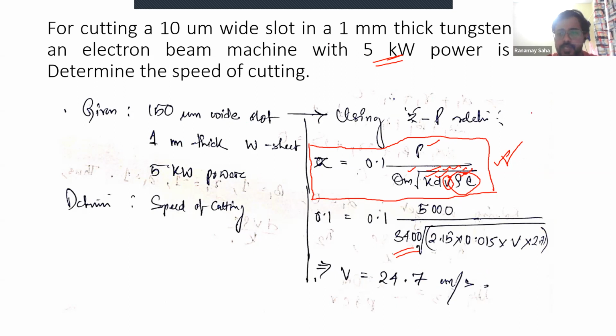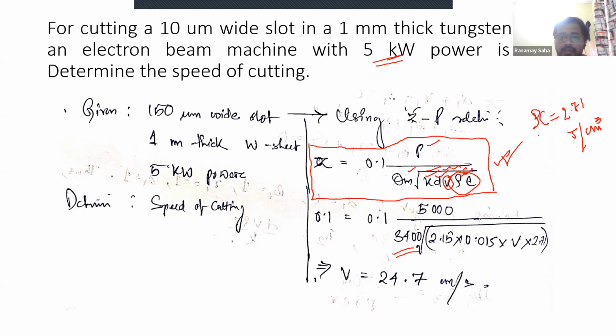So in this problem, if you're wondering, volumetric heat capacity for tungsten, rho c, has been taken as 2.71 joules per centimeter cube.